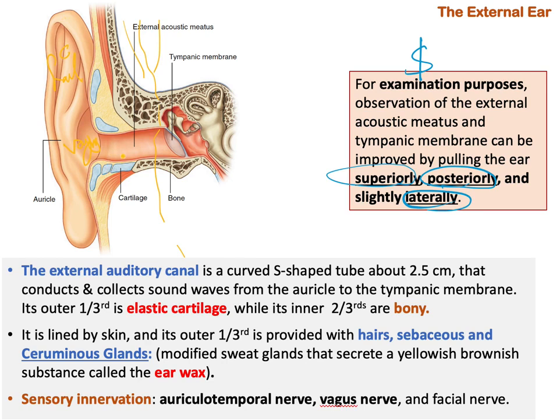That means we are very close to these nerves, and the external acoustic meatus is innervated by the auriculotemporal nerve and vagus nerve mainly, right? And with a minor contribution from the facial nerve, the same nerves that we mentioned before.